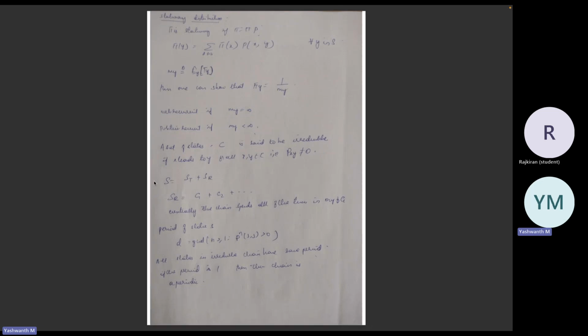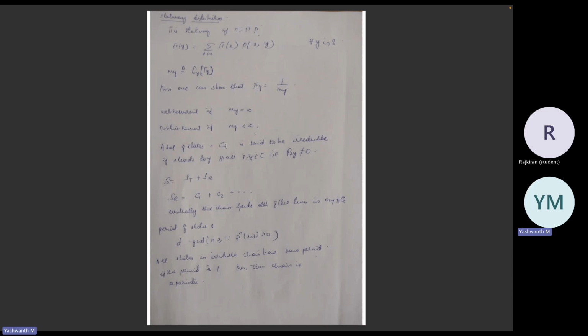Okay, so you call a set of states irreducible. If S is the total number of states and C is a subset of states, then C is irreducible if for X and Y belonging to C, the entry rho of XY is non-zero.